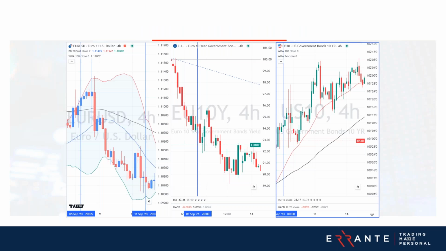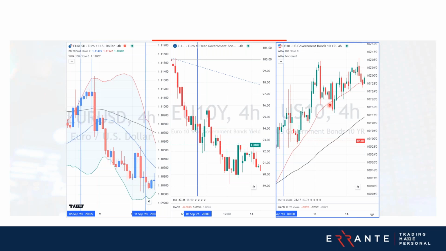Now let's break down this strategy, where you see three charts we have here in the 4-hour time frame. The left panel is Euro USD, and the middle one is the Euro 10-year government bond yield.